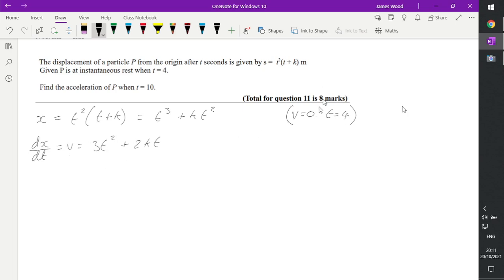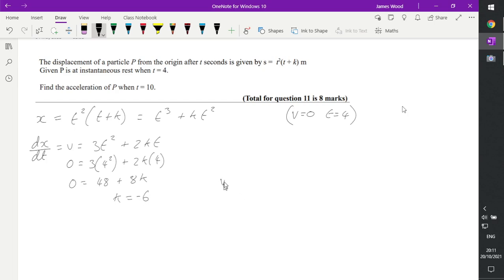So that would mean that 0 equals 3 times 4 squared plus 2k times 4. So that's 3 times 16, which is 48, plus 8k. So that means that k is 48 divided by minus 8, which is minus 6.